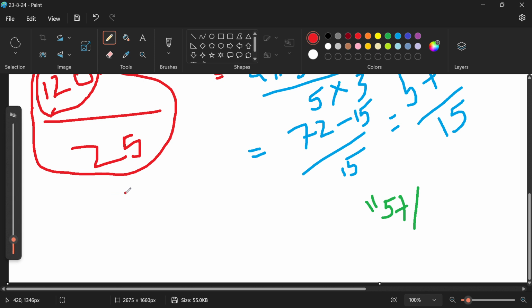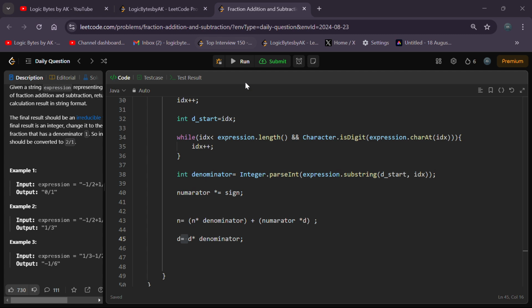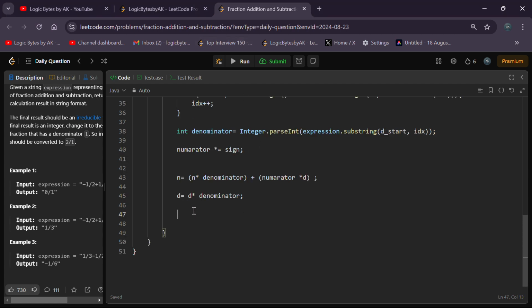So let's say we have a function GCD that gives the GCD value of numerator and denominator. In case n is negative or 0, it can be handled with Math dot abs of the numerator. And we divide n by GCD, and d by GCD.